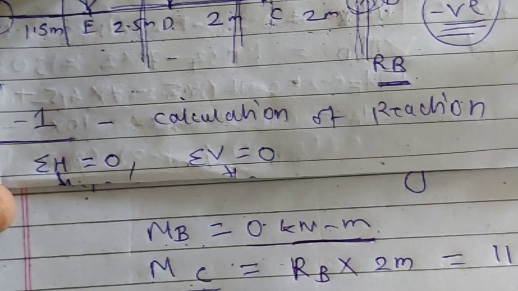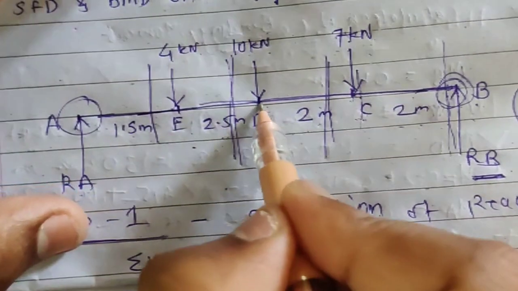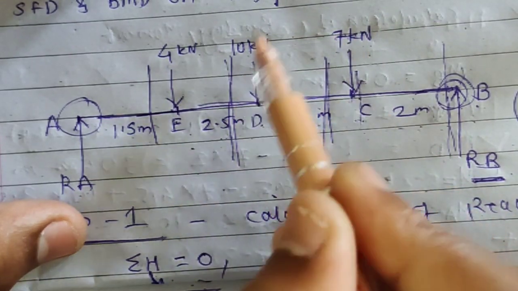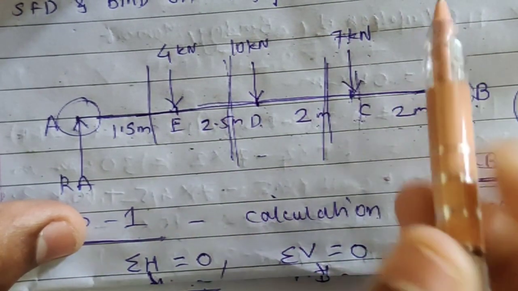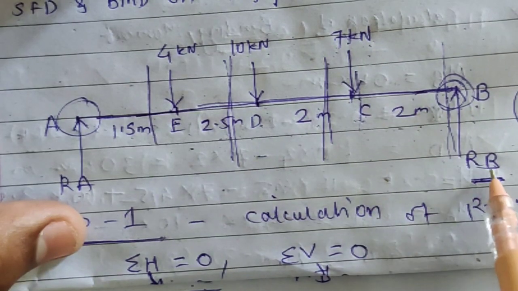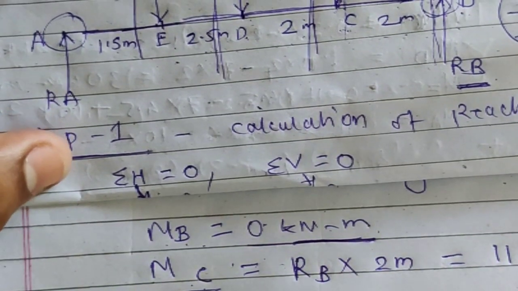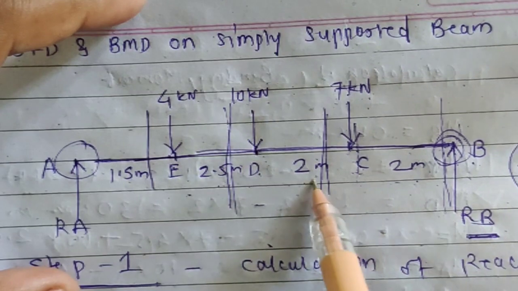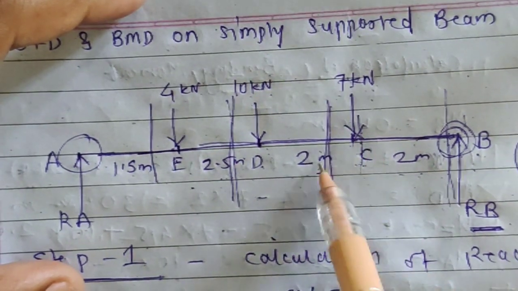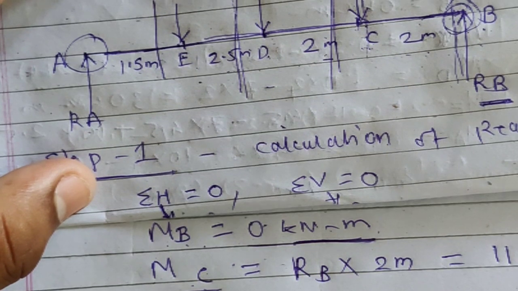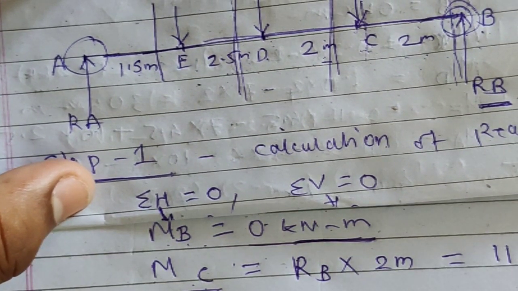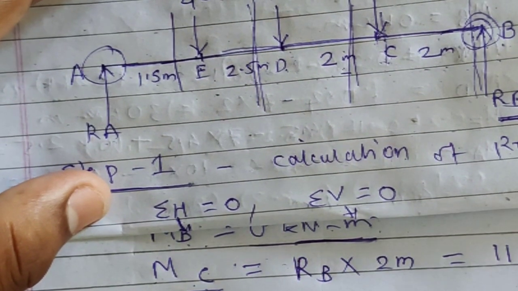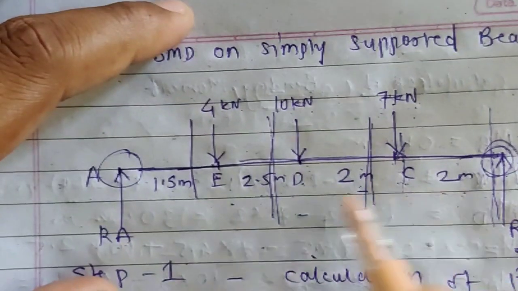Now we calculate bending moment at D. So here this 7 kilonewton is going clockwise, and this RB is going anti-clockwise. So 7 kilonewton is taken negative, and this RB value is taken positive. So minus 7 into the distance from C to D, which is 2 meters, and plus RB into 2 plus 2, which is 4.